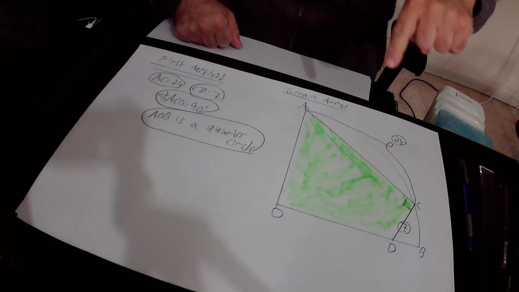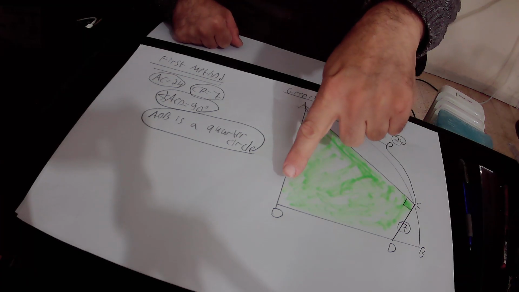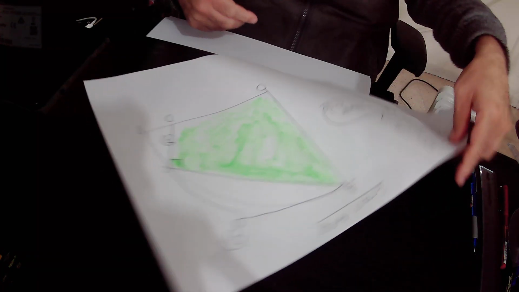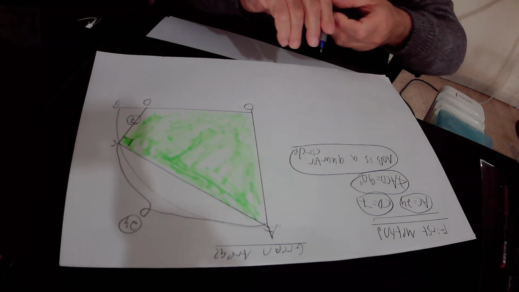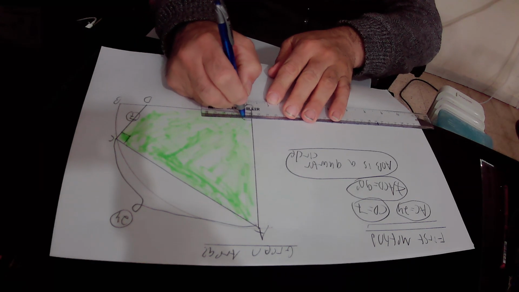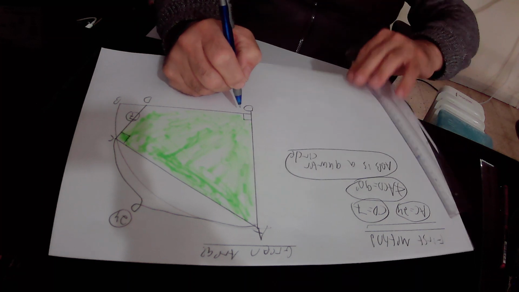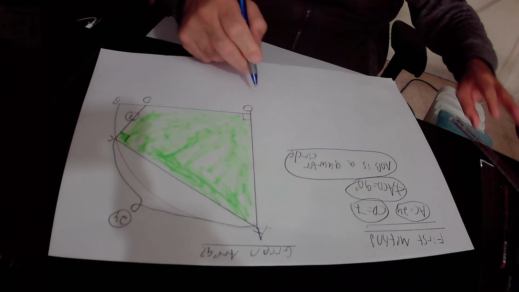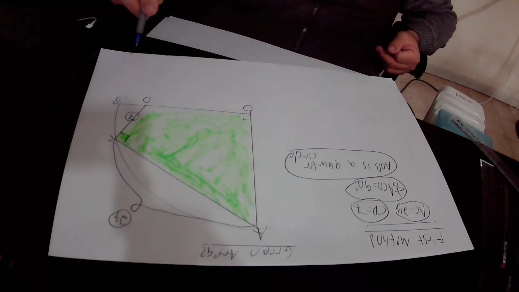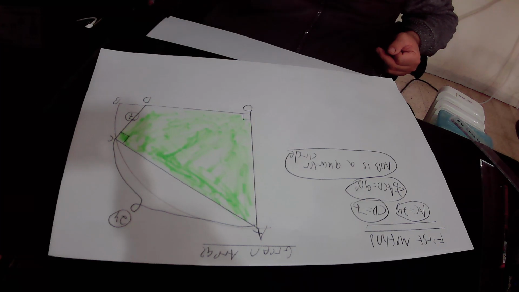So first of all, because AOB is a quarter circle, this angle AOB equals 90 degrees. And also, point O is the center of the circle that we can create by completing this quarter circle to a circle.